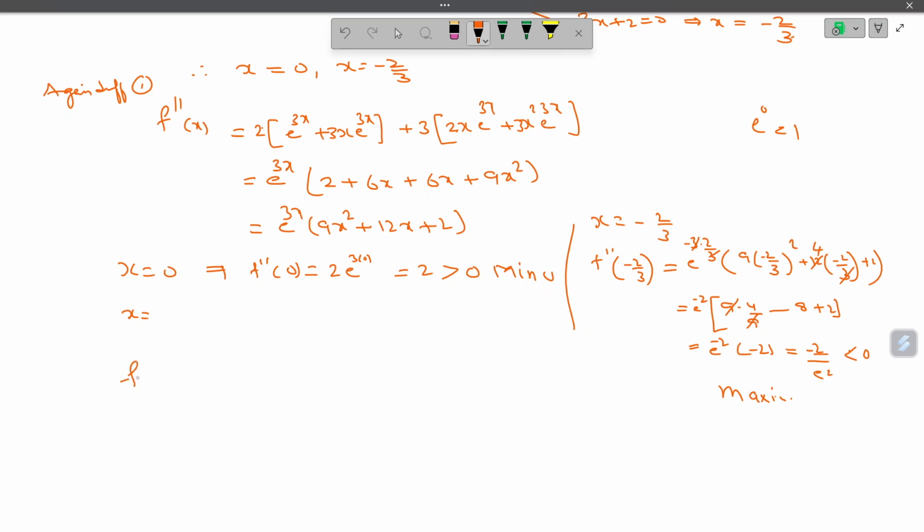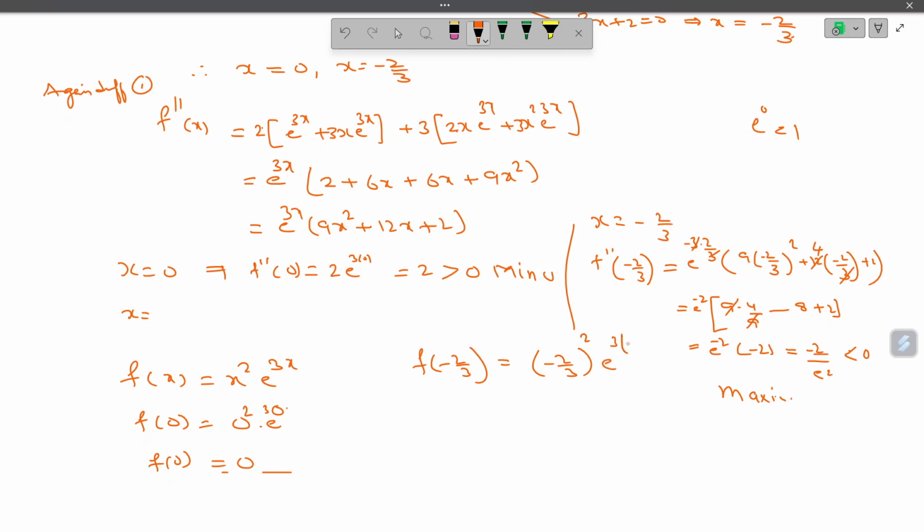So f of x equal to x square e to the power of 3x. So f of 0 we have got: 0 square e to the power of 3 times 0. 0 into anything is 0. So therefore the minimum value is 0. Now f of minus 2 by 3: minus 2 by 3 whole square, e to the power of 3 into minus 2 by 3, getting cancelled.